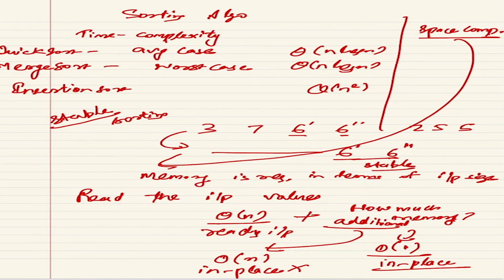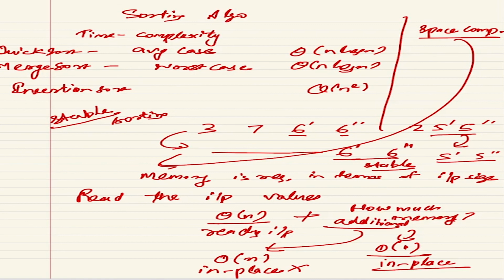Whenever there are two elements with the same key value, after sorting they remain in the same order, then this is a stable algorithm. But if the algorithm cannot ensure this, this is not a stable sorting. Okay. We will discuss in detail.